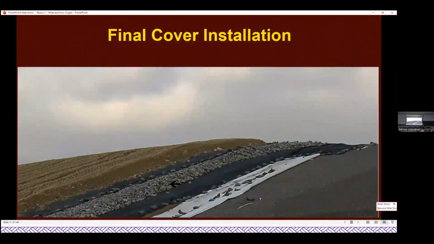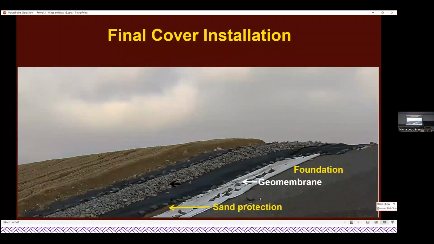Then final covers are a critical component of mine facilities. And they have multiple components. This is one particular example shown here with foundation, geomembrane, a sand protection layer, a physical barrier and drain, and a loam cover. They can be more or less sophisticated than that.